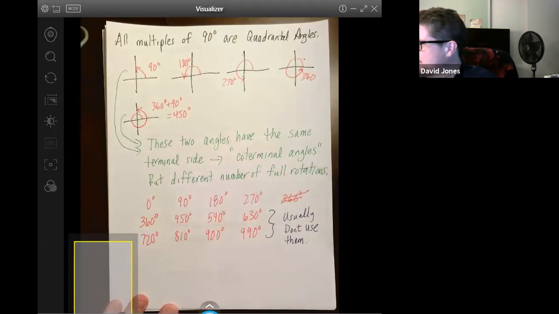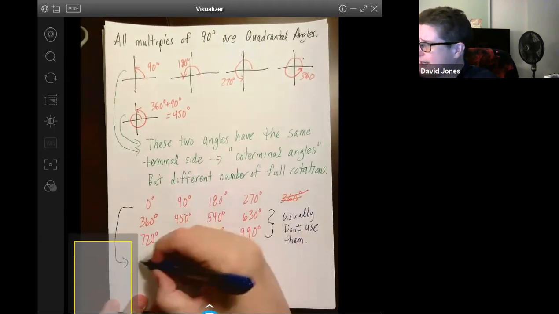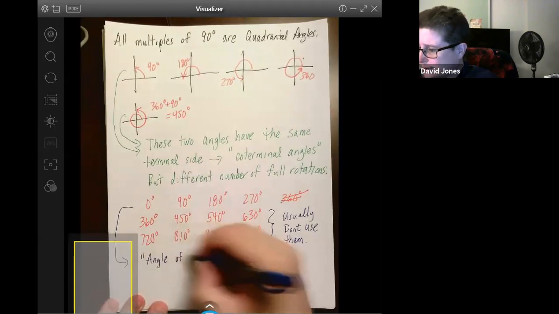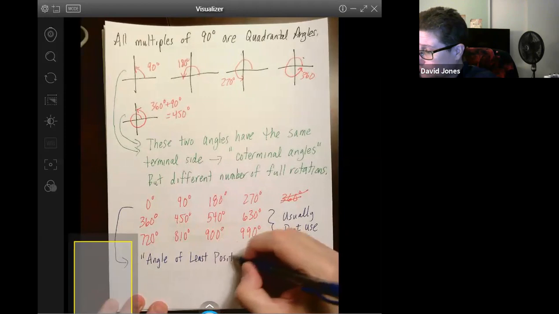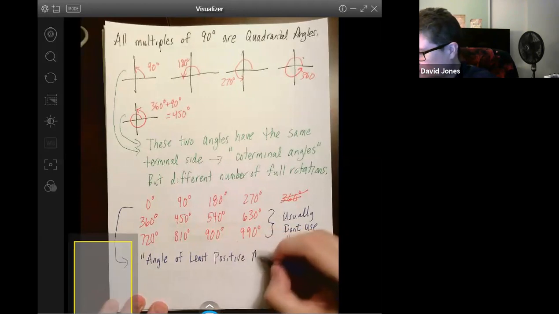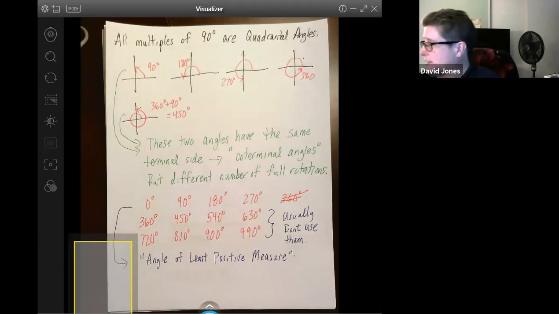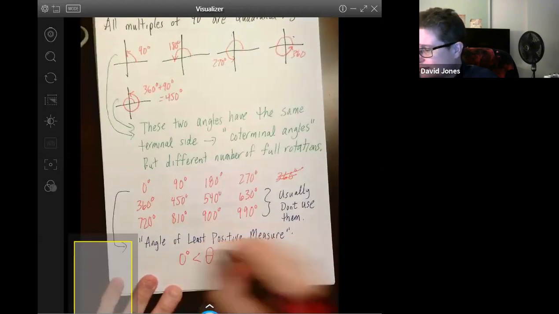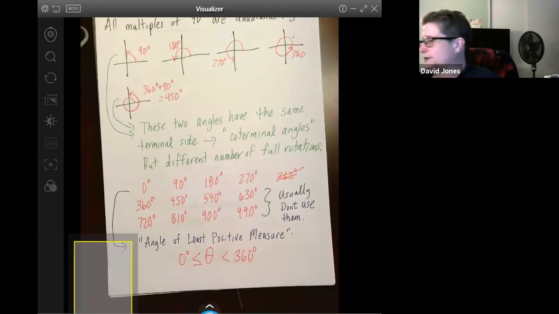We really don't use them. This row right here is called the angle of least positive measure. That's when theta is between 0 degrees and 360 degrees, including 0 degrees.